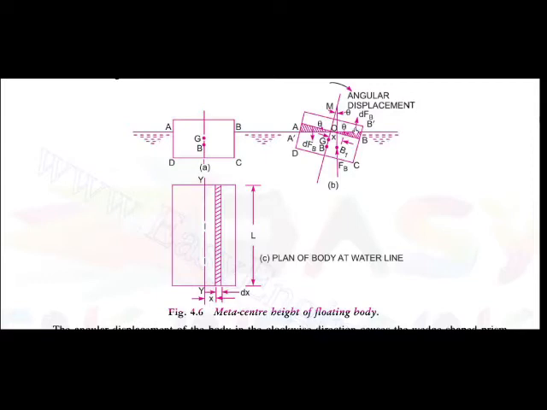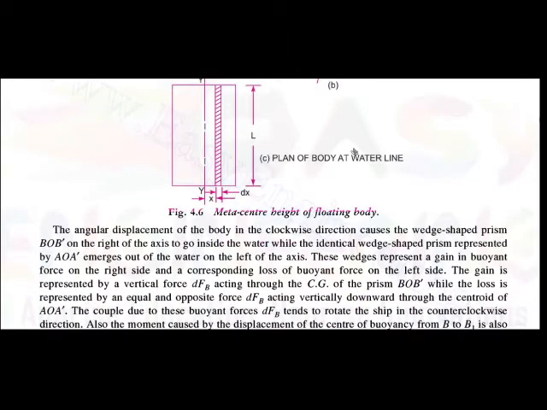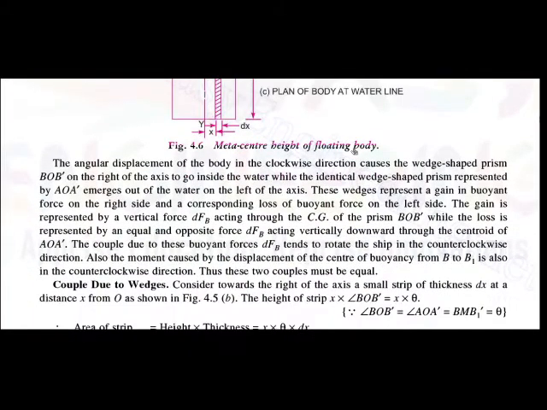Then we have to find out this value. The couple due to this buoyancy force dF tends to rotate the ship in the counterclockwise direction. These two forces dF are making the counterclockwise couple.